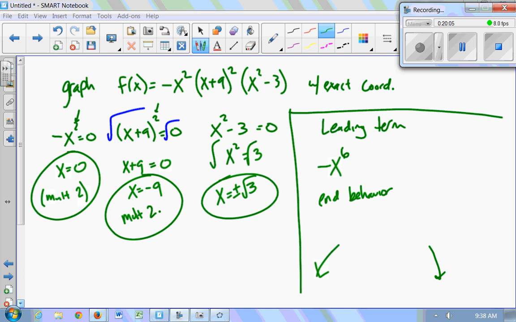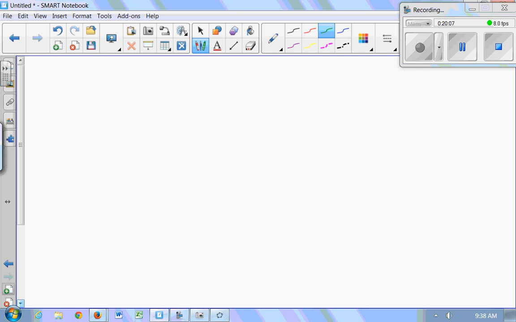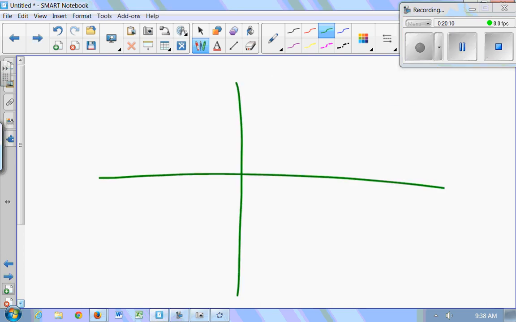So we get 0, -9, and plus or minus √3. Zero, -9, and √3, that's like 1.7 or something. Okay, and then my end behavior has to go down from the last 0.